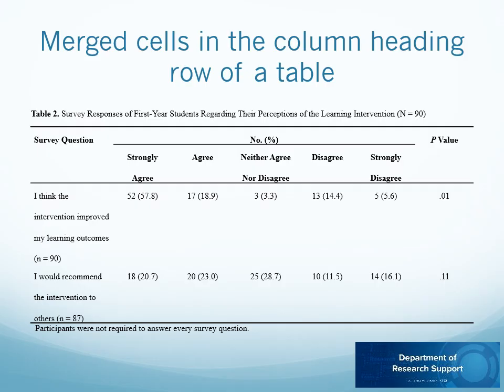This example table also has some other common elements of tables. Please note that the significant p-value in this table has not been bolded to show it is significant. The standard convention is to report all numerical data in a table using normal text formatting.